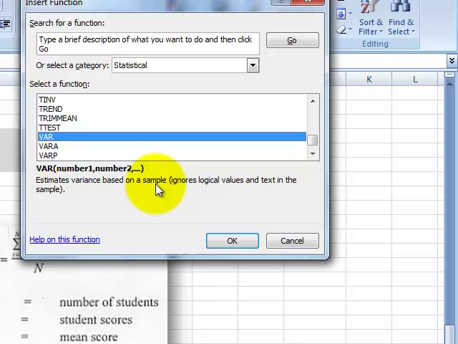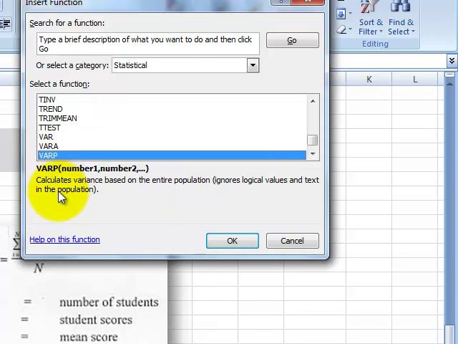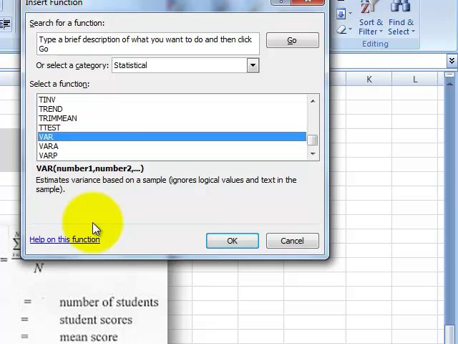That's what we have. We don't know the entire population. In an earlier video, we discussed the difference between knowing the entire population as opposed to just knowing a sample. Well, this was a sample. If we knew the entire population, it's this VAR.P where you know the entire population. In this case, we just have a sample.